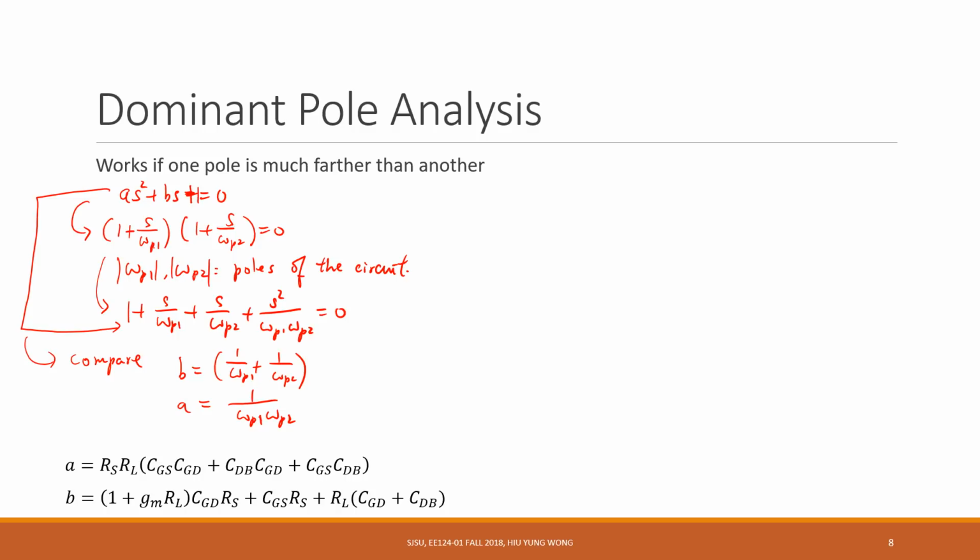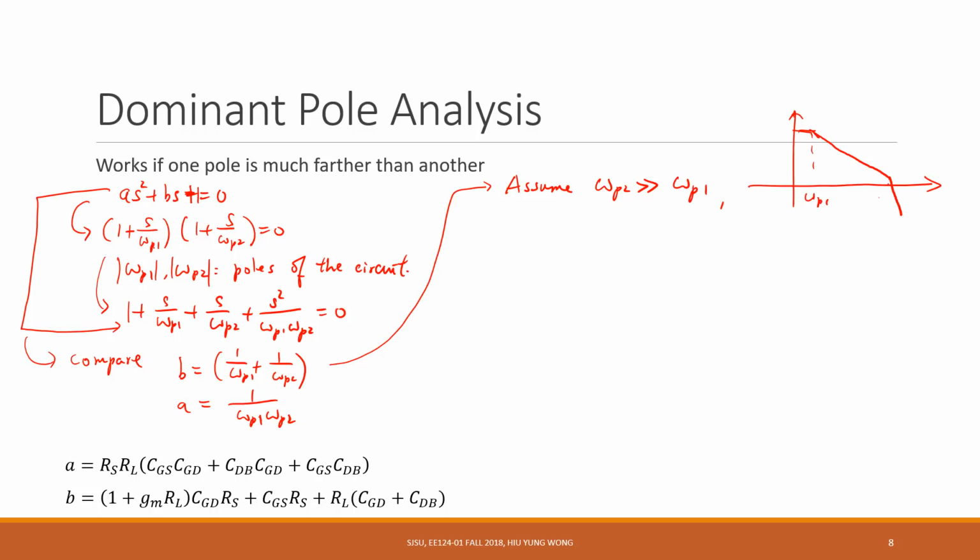Okay? Now, the next step, look carefully. Now we assume, what? Omega p2 is much larger than omega p1. What does it mean? It means that if I have a Bode plot, I first see this omega p1, and then eventually I see omega p2, right? So this is how many?